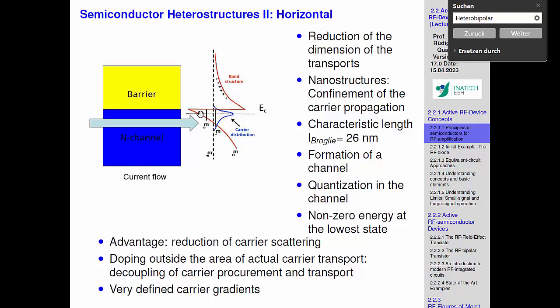This only works because we are so close. It's only working in the quantum domain, so it's not working for large distances. It's only working because we are very close, because there will be strong changes here in the charge. And so what you get by this is that before, the electrons could be wherever, and now they are next to this interface.